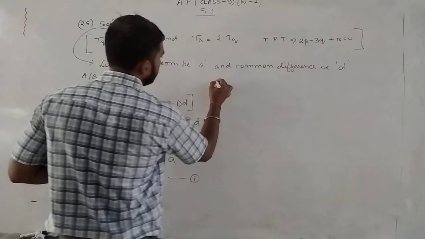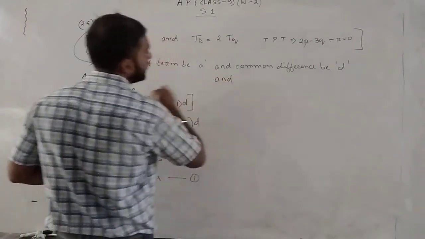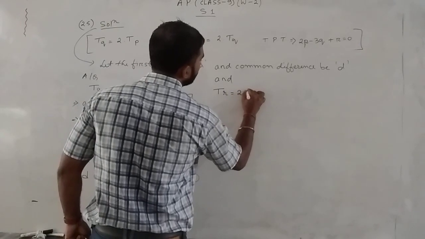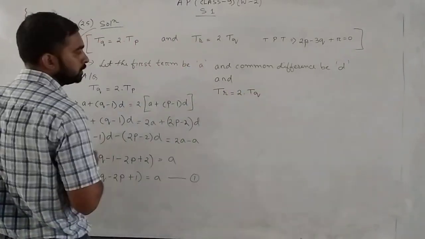Now the second one. Second given condition, Tr equal 2 into Tq.